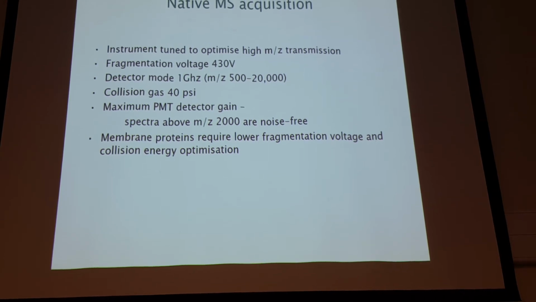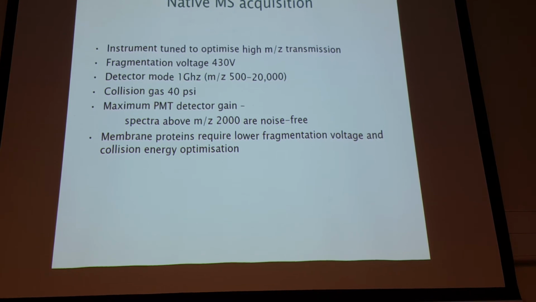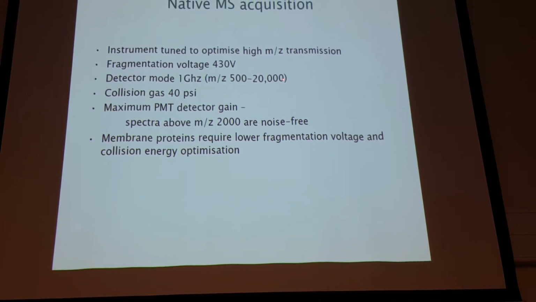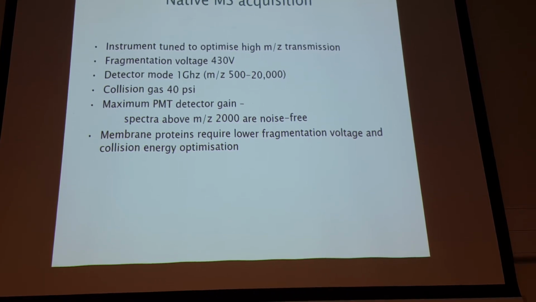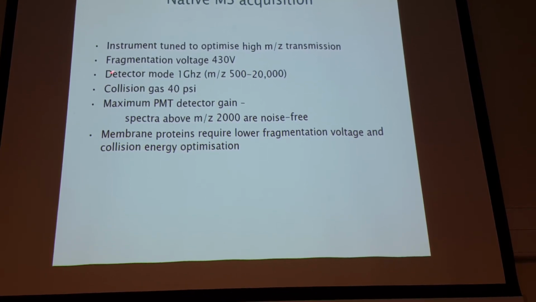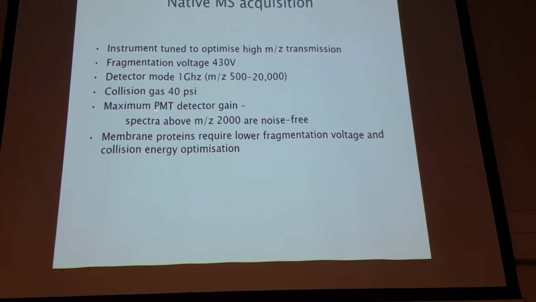In our normal 2 gigahertz mode, we would only go up to 3,500. But this is not particularly high. Other, more modern instruments can go up to 40,000 m/z. We use collision gas at 40 pounds per square inch, and we can do something interesting with the detector.